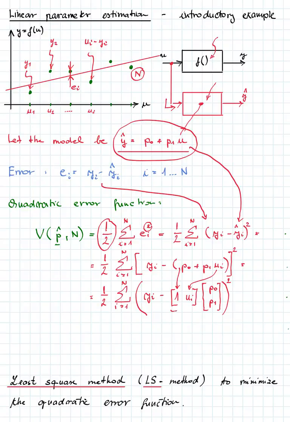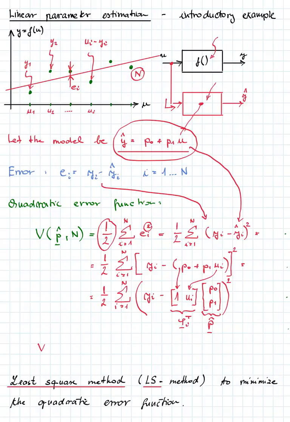I am going to use some notation for this. This will be phi index i and the transpose of it, because it's a row vector. The second is a p hat vector, a column vector. The phi i collects the input data, using the values of u index i, and the unknown parameters are collected into the vector p hat.